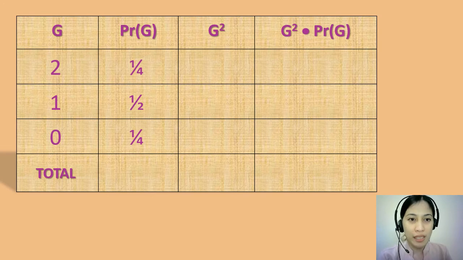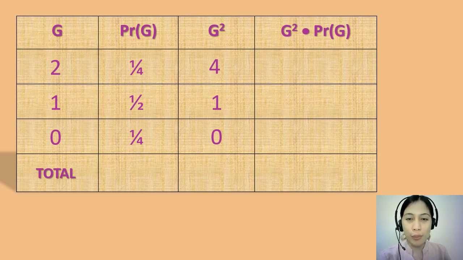For better illustration in getting the variance, we shall use a table where g squared and g squared times P(g) are shown. For g squared, we would have 4, since 2 squared is equal to 4, then 1 squared is equal to 1, and 0 squared is equal to 0.